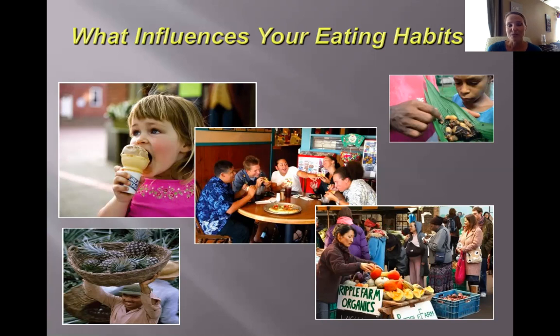We watch some of our favorite movies and there are products placed there intentionally, for McDonald's or even a Pepsi placed in a certain spot. That is to entice us to eat those things. There are a lot of things that can influence our eating habits. Even our friends and our peers can do that as well. So it's not just one thing, it's a multitude of things that impact how we eat every day.